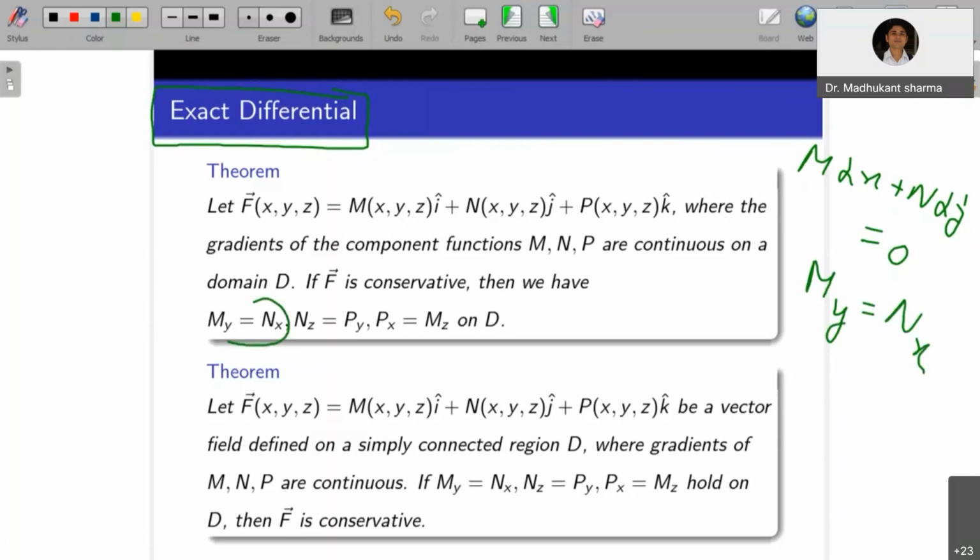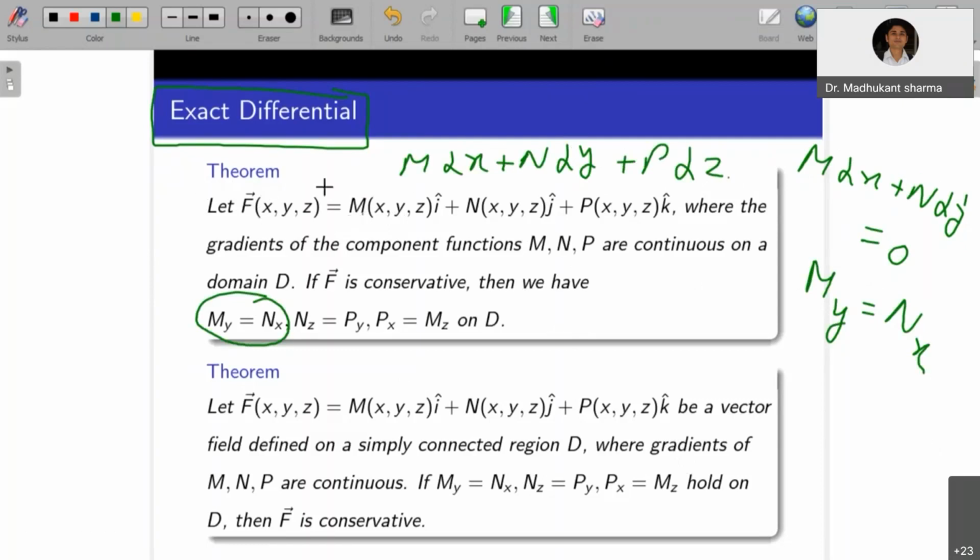This is the first condition. Here, instead of M dx plus N dy, you will also have M dx plus N dy plus P dz, so in 3 dimensions.